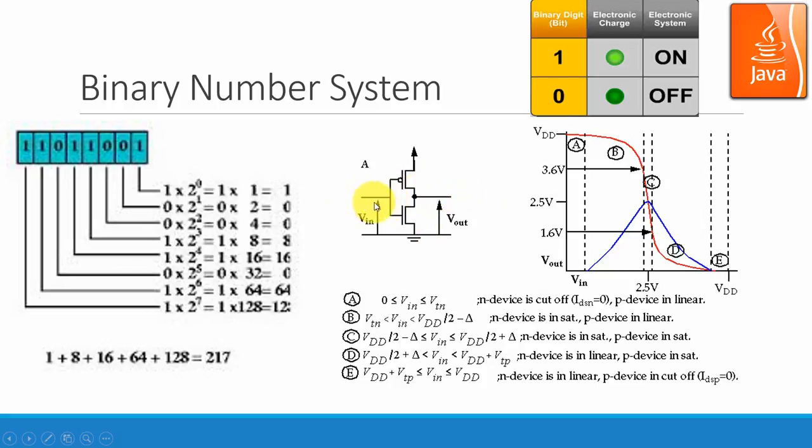If the voltage at the input is low, you will turn on the PMOS gate and the NMOS gate will be shut down, and then you will be charging the output node. So if you sweep the input voltage from 0 to VDD, the supply voltage, you will see the output dropping from VDD to ground level.